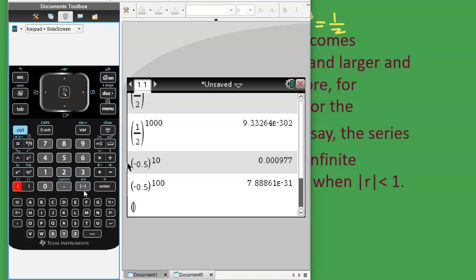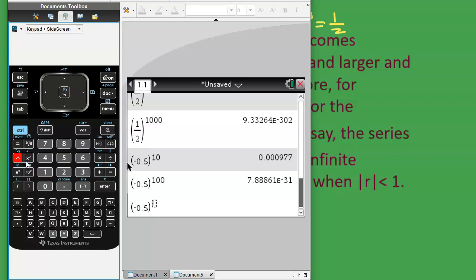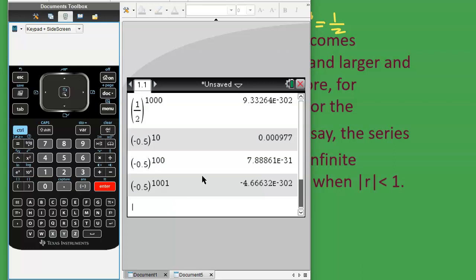So it will be negative 0.5 to the power of, say, 1001 this time, just to make the power odd. And you see it is 10 to the power of negative 302.